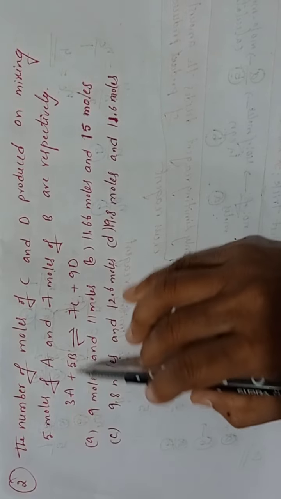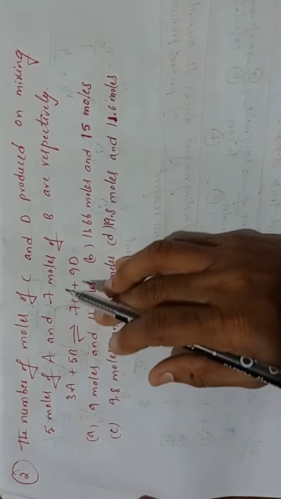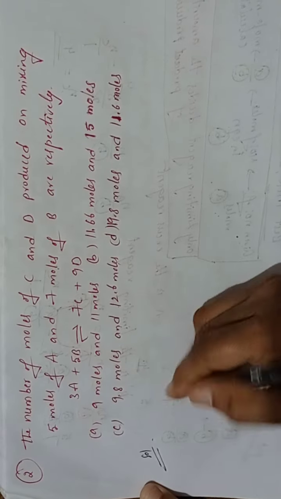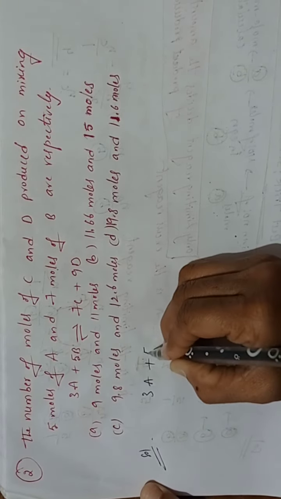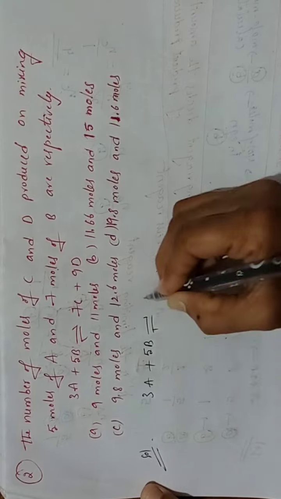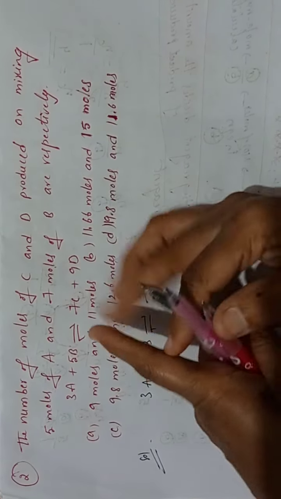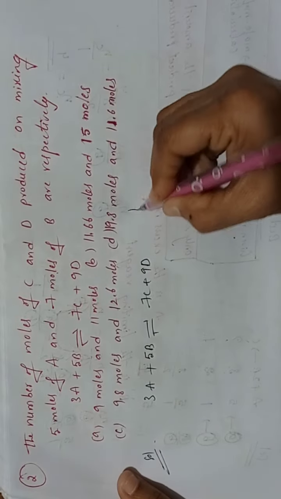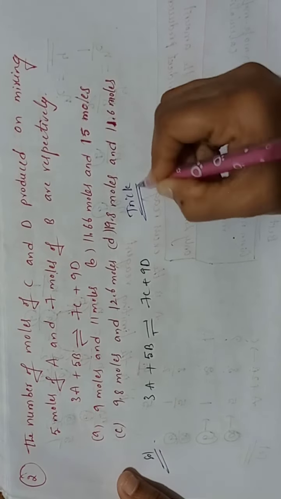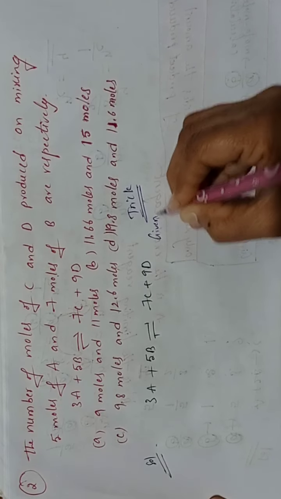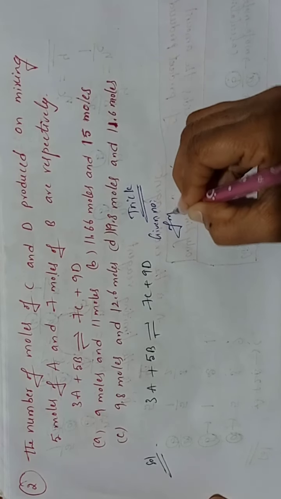See here, first write the equation given. Solution: 3A + 5B gives rise to 7C + 9D. Now what is the trick, students? The trick has four steps. First, the given number of moles.